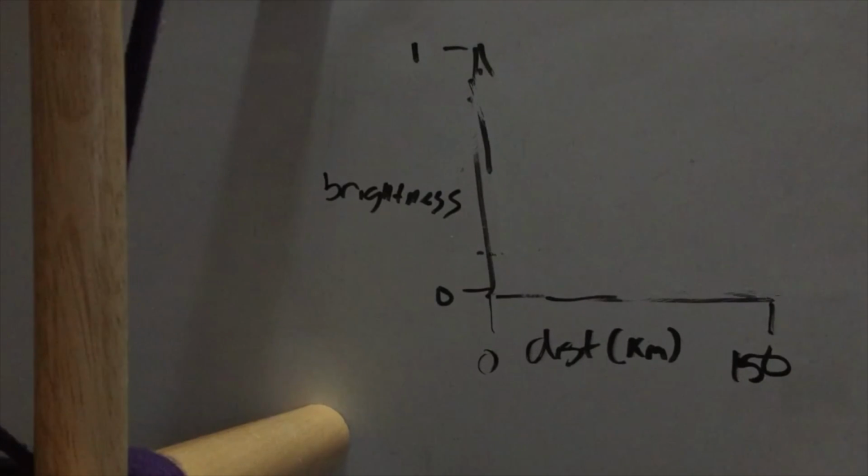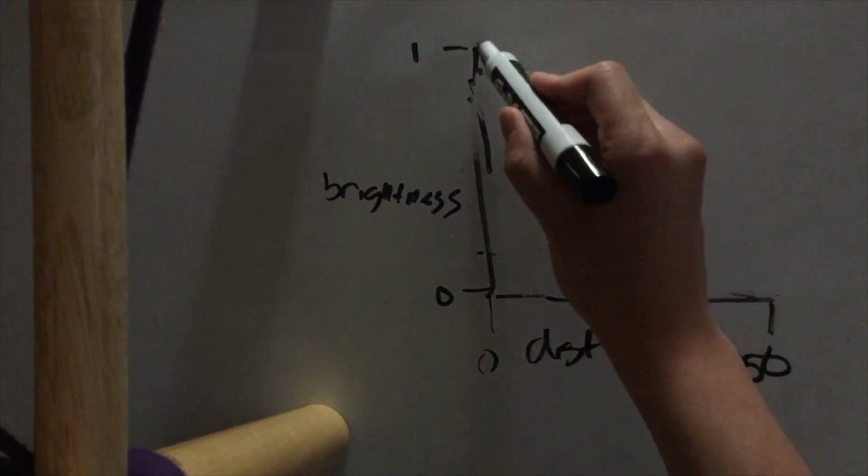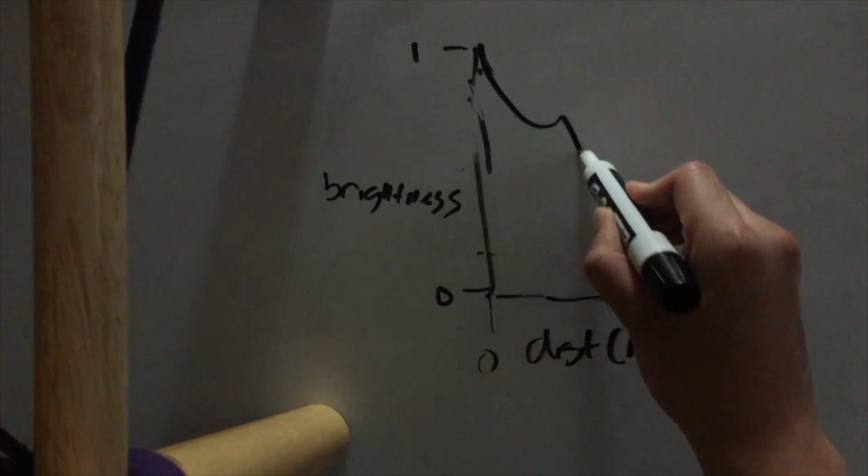Question 4 is asking whether the fur pigmentation on the ventrum was lighter or darker at 150 kilometers than at 0 kilometers. So sketching out the fur pigmentation figure for the ventrum, it looks something like this.